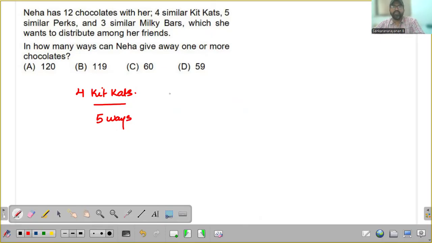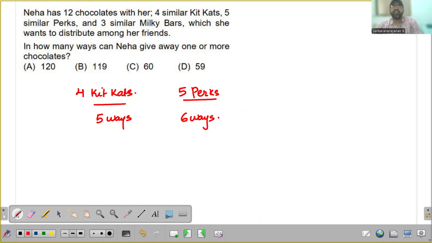Similarly, there are 5 Perks, right? These 5 Perks can be handled altogether in 6 ways. She may not give any Perk to anyone, or 1 Perk, or 2, or 3, or 4, or 5. So those can be handled in 6 different ways.